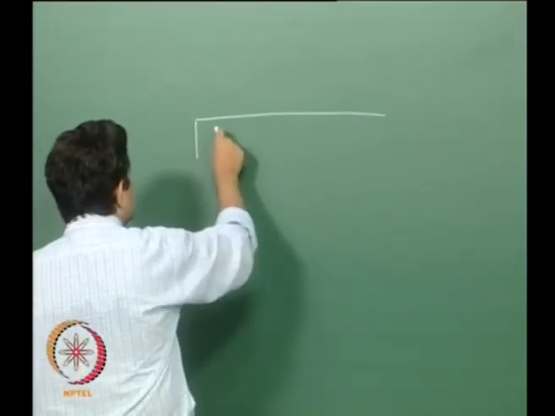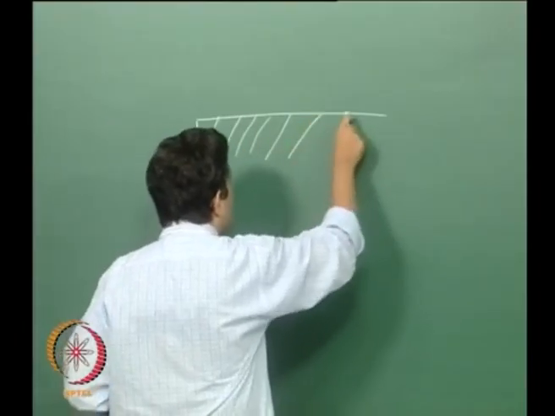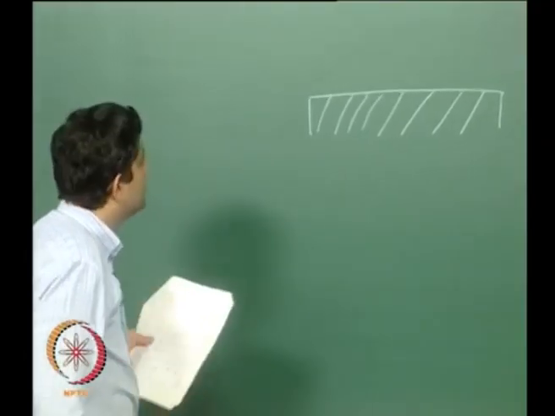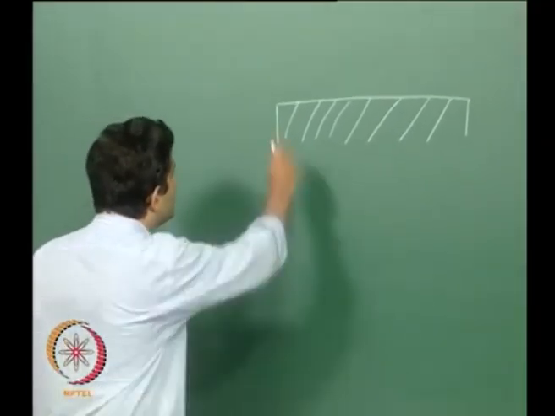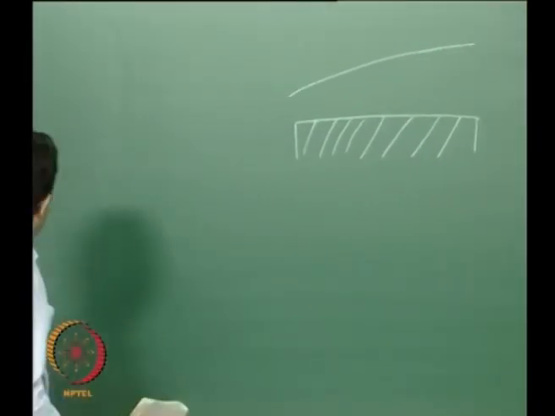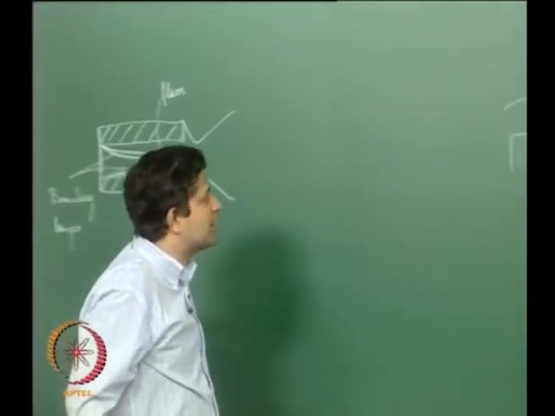So let's say this is the solid fuel that we have. Then let's say we have taken somewhere in this region, where the boundary layer is already established.